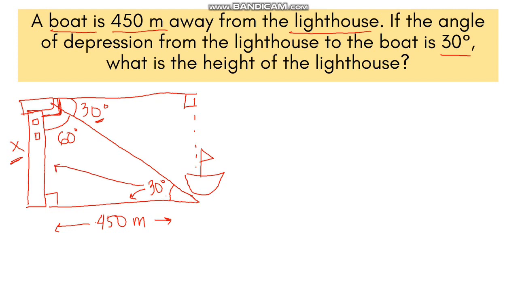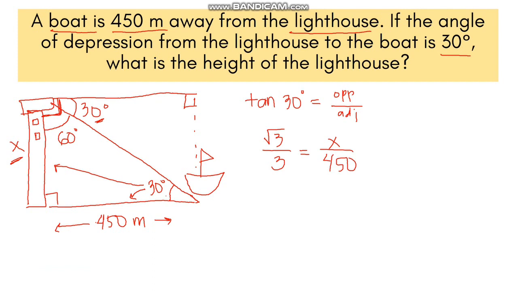So since we have the adjacent and the opposite, that means we can use the tangent. So let's use tangent of 30 degrees. It's equal again to opposite over adjacent. So let's substitute the values. Square root of 3 over 3 equals x over 450. And then we just have to simplify.